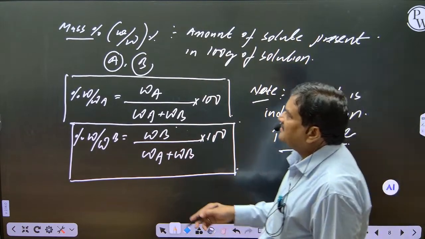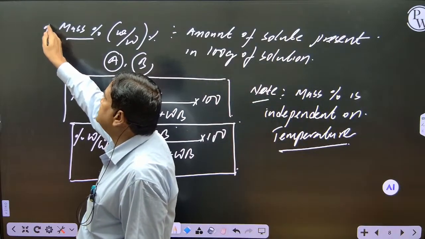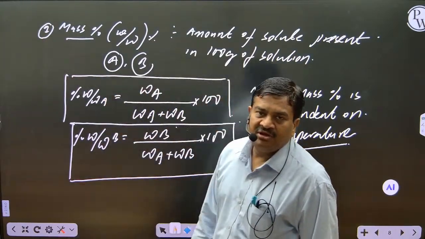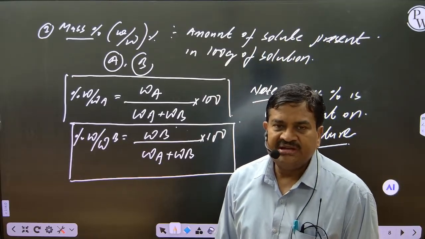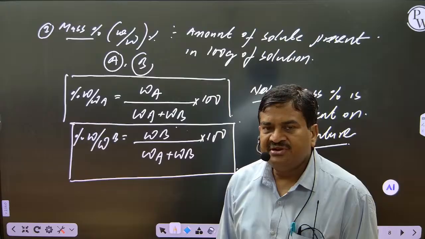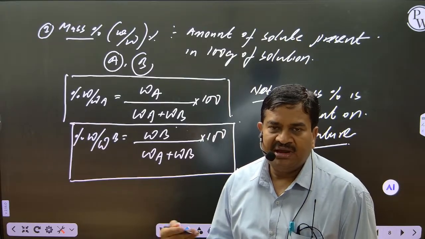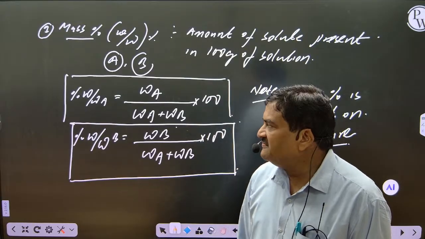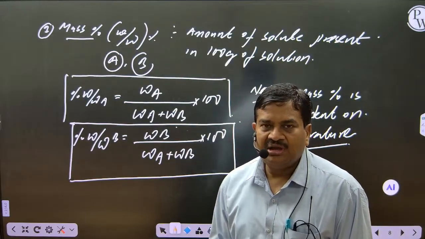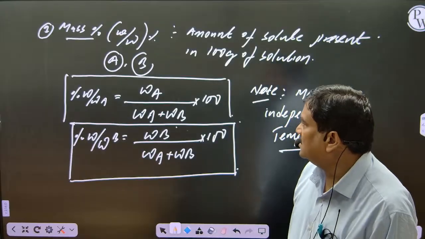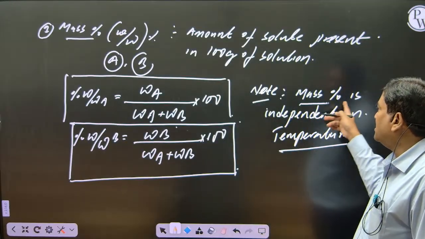Clear, students? Mass percentage is the amount of solute present in 100 grams of solution. For the mass percentage of A, we take the mass of A by total mass, and the same way for B, into 100. And it doesn't depend on temperature.